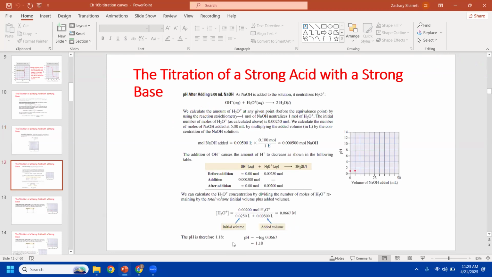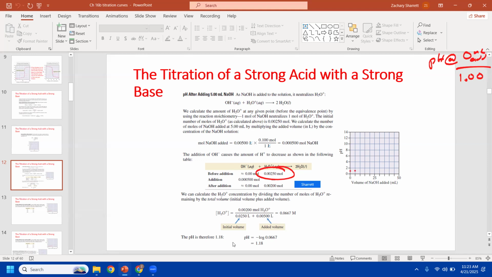So let's find the pH after 5 mils of NaOH is added. And actually, I want to keep that thing over there, in the upper right. Okay, so after 5 mils of NaOH is added, I calculated that the original amount of HCl was 0.025 moles.